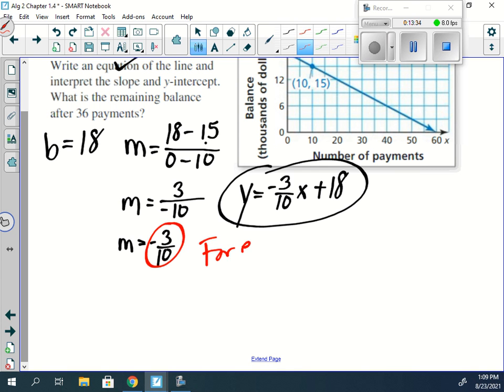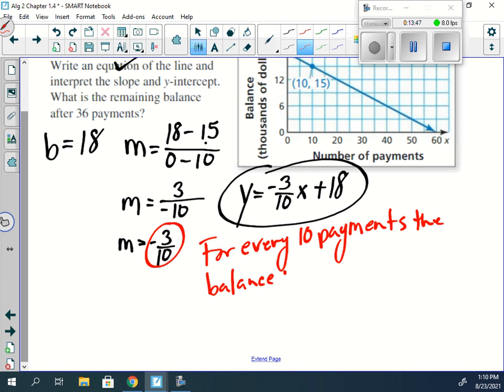So for every 10 payments, you get rid of $3,000. For every 10 payments, the balance goes down exactly $3,000. So Caleb, why'd you say 3,000 instead of 3? Because that says thousands of dollars. Yeah, the balance is in thousands of dollars.